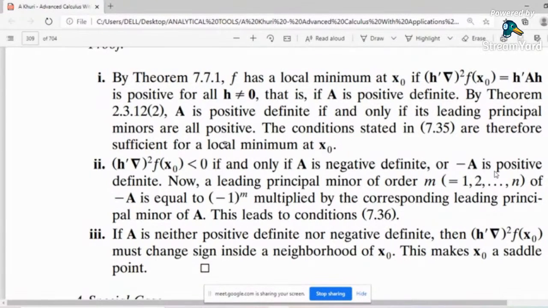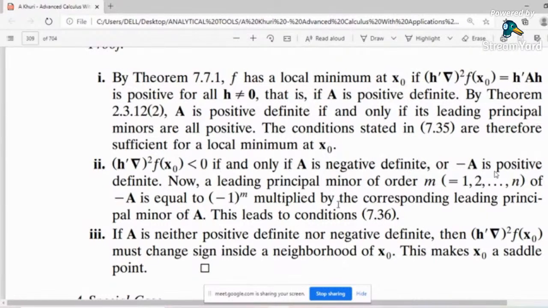Similarly, in the second condition, h prime del square f of x less than 0 if and only if A is negative definite. That is, minus A is positive definite. Or we can say that leading principal minors of order m of minus A have sign minus 1 raised to m, alternatingly negative and positive.